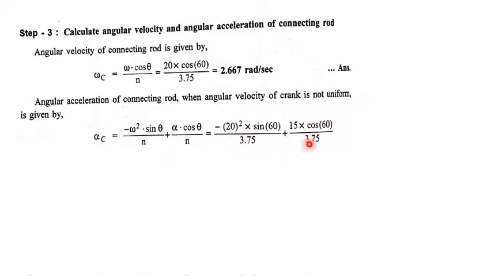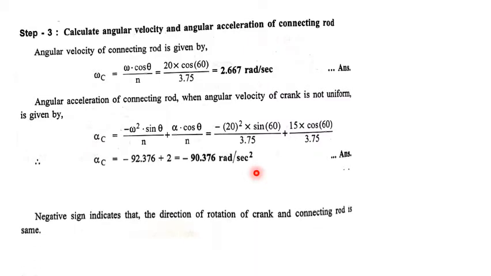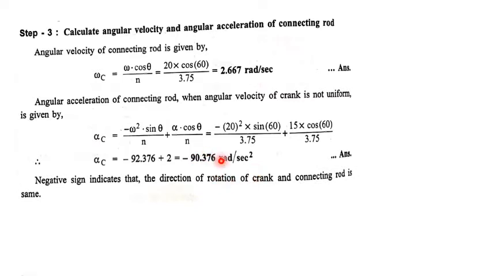So after substituting and simplifying this equation, we got alpha c value minus 90.376 radians per second square. So here the negative sign indicates both the crank as well as the connecting rod are rotating in the same direction.